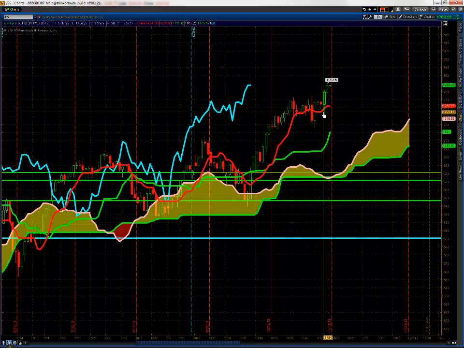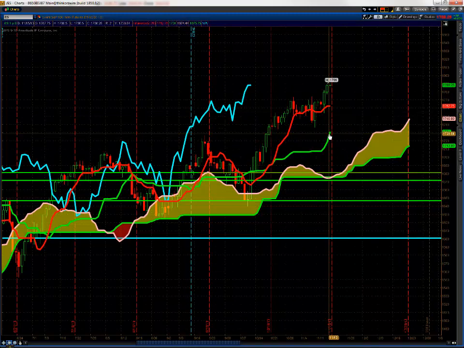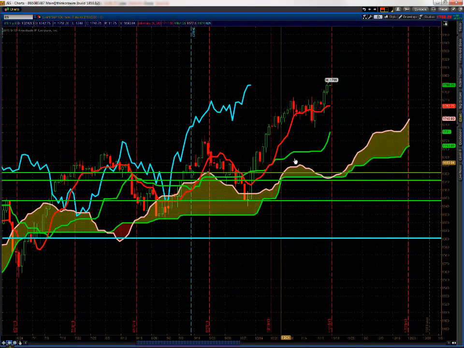Why 9 periods? When Japanese trading used to be, they used to trade 6 days in a week. So they would say 1.5 weeks shows me a short term. So the short-term moving average is 9 periods. The next line is the 26 period moving average.